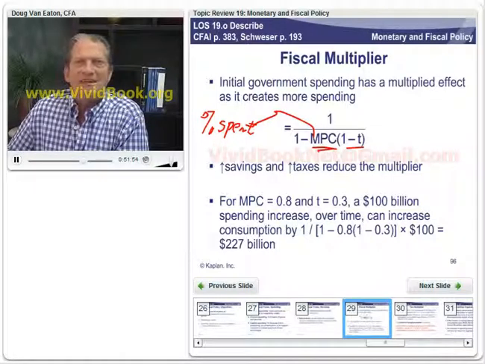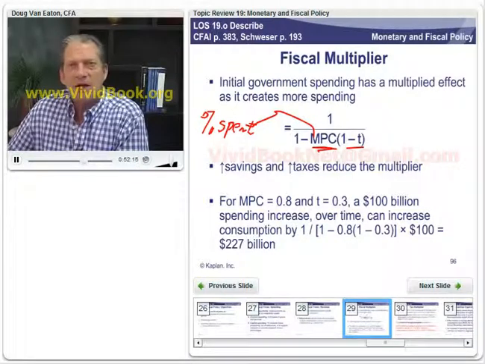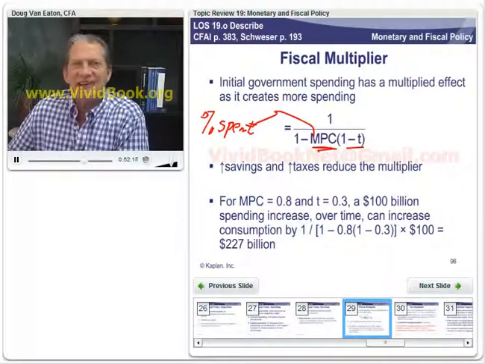When that is higher, less is saved. So an increase in this marginal propensity to consume is going to increase this multiplier. It makes the denominator smaller. Now what about taxes? Well, an increase in taxes reduces the multiplier.